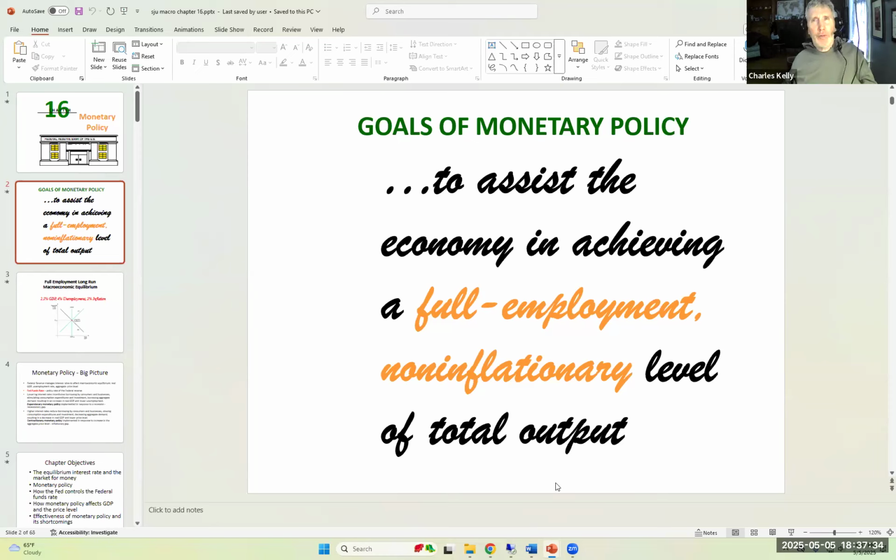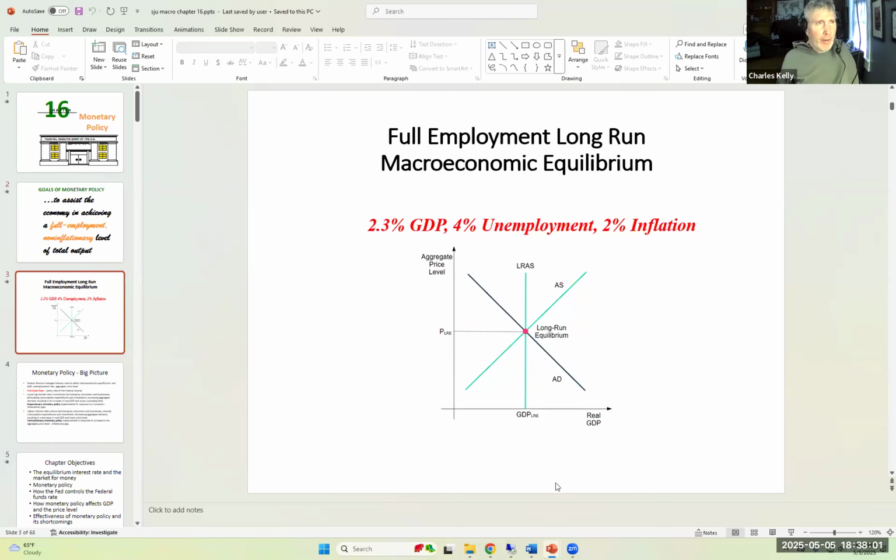In other words, can I use the aggregate demand, aggregate supply model to draw a graph of the US economy when we're operating pretty close to perfection, where we want to be in the long run when things are not out of control? So you should be able to draw this graph. If you're at least thinking about that, excellent.